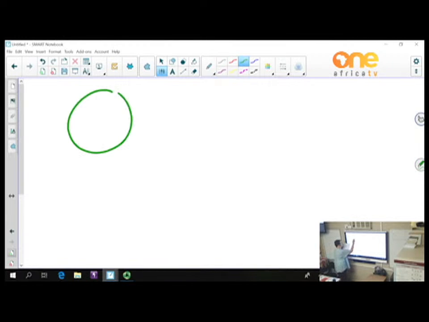So we have this circle, and it looks like this. This one is 45, but this one is not the center, so that's why there's a difference between these two here. We can say that this one is also 45. Can you see that they are on the circumference?